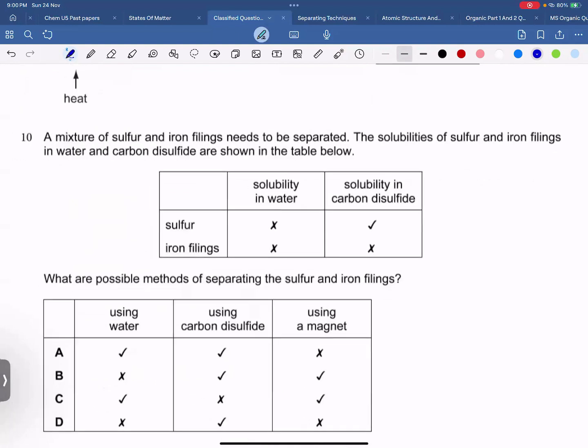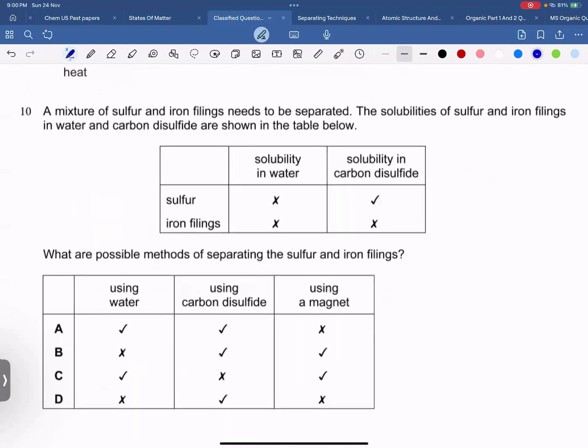What are the possible methods of separating the sulfur and iron filings? So first, if using water, you cannot separate sulfur from iron filings because all substances are insoluble in water. So using water is incorrect. So A and C are incorrect.